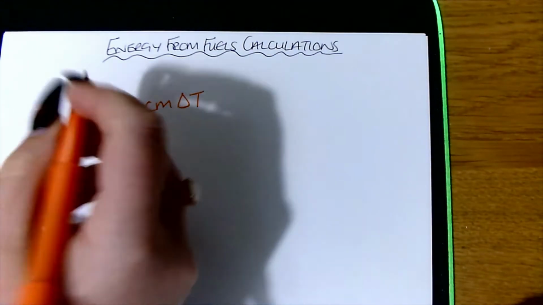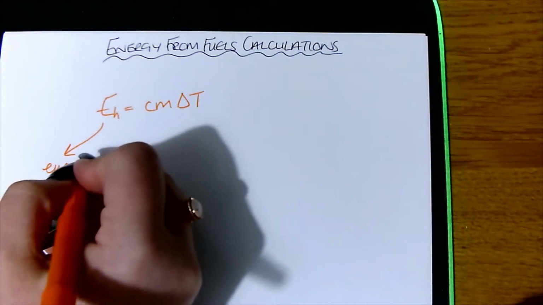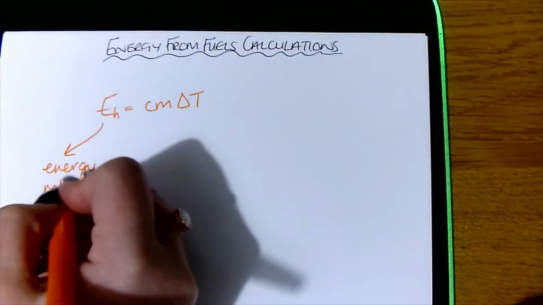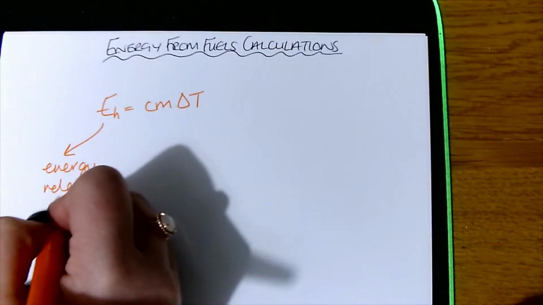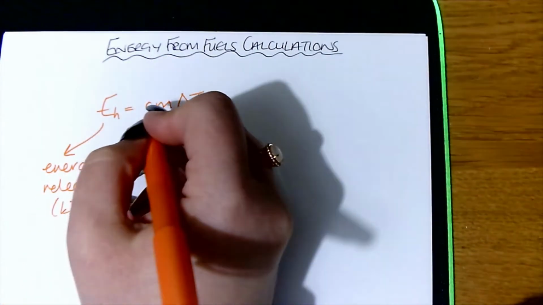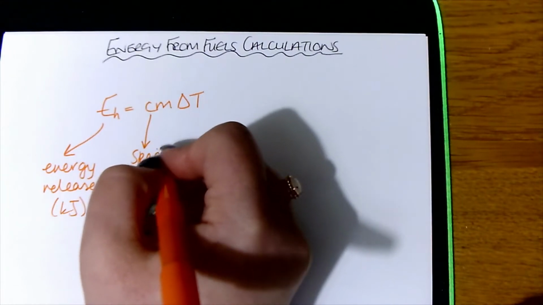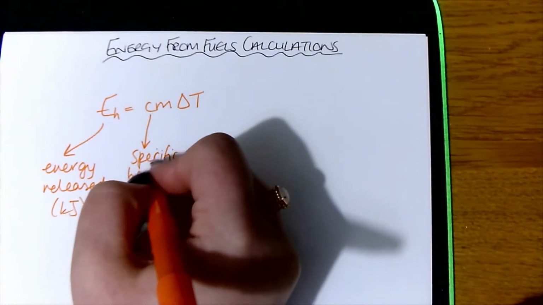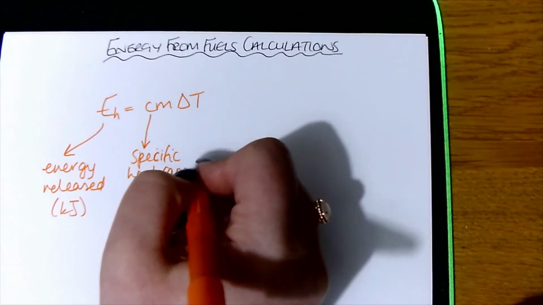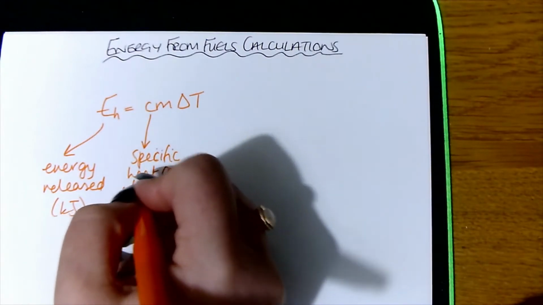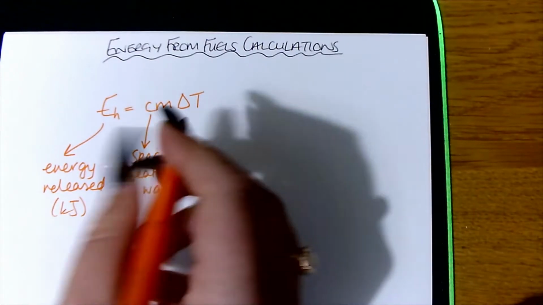Where E stands for the energy released in the reaction, and this is in kilojoules. C is the specific heat capacity of water, and you will find this value in your data booklet.